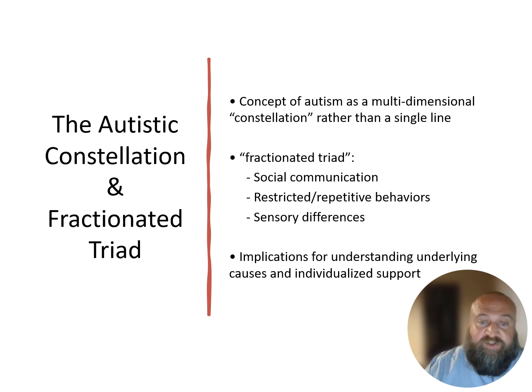The three main components of ASD were social communication dysfunctions, as they worded it, restricted or repetitive behaviors, and then sensory differences. Now, the sensory part isn't really a part of the diagnostic criteria now, but it was historically. And again, many people do associate it with ASD.